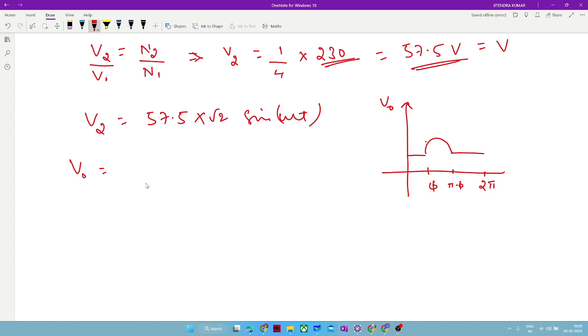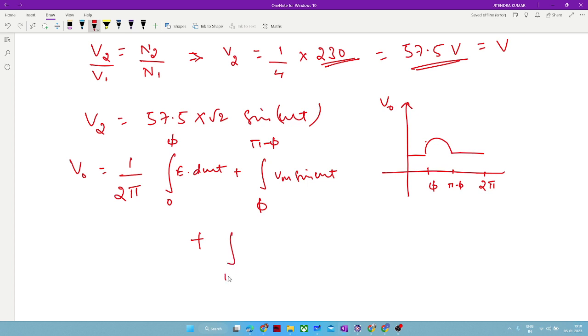So we will integrate for the 2 pi period: from 0 to phi, E into d omega t; from phi to pi minus phi, Vm sin omega t; plus from pi minus phi to 2 pi, again E into d omega t.